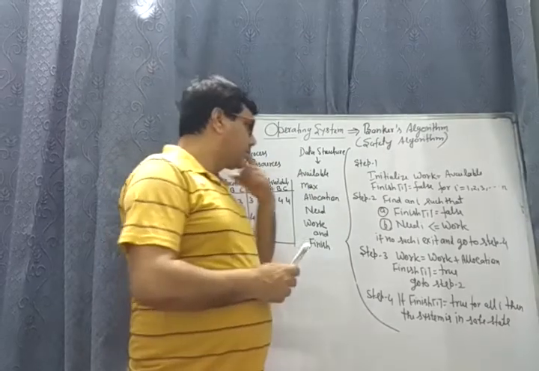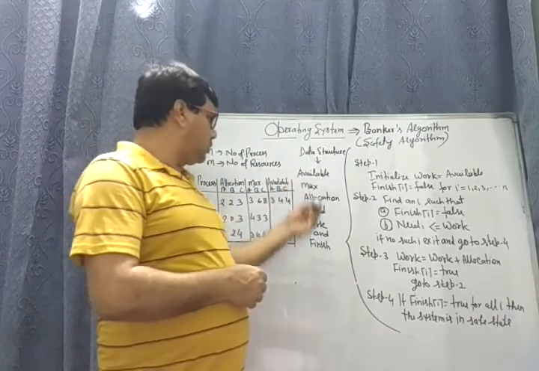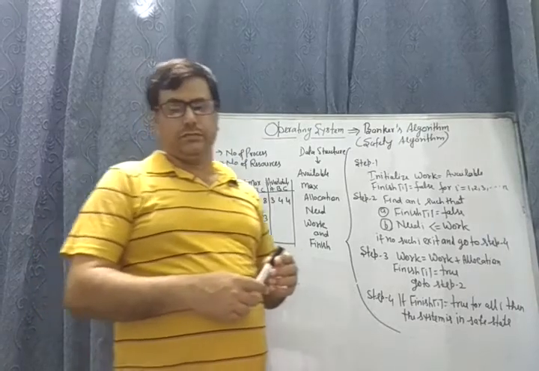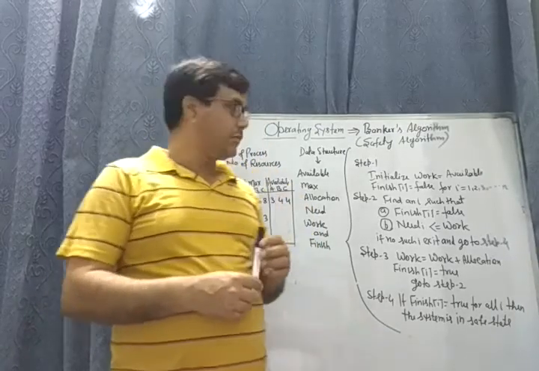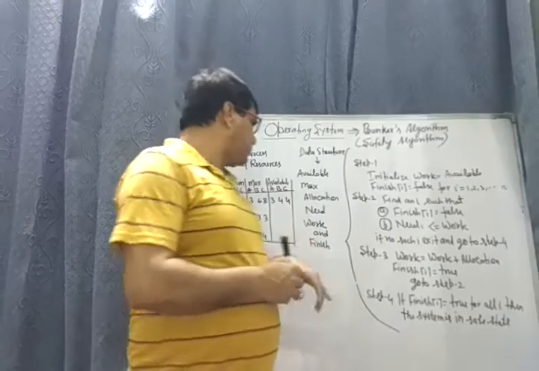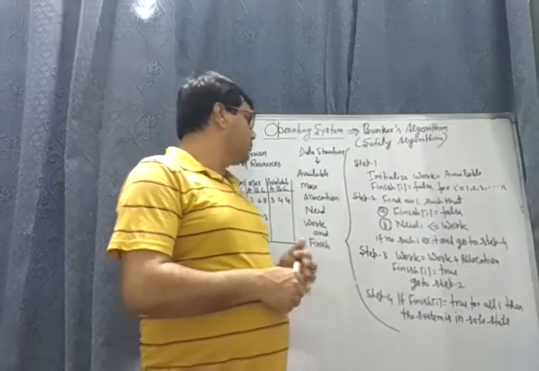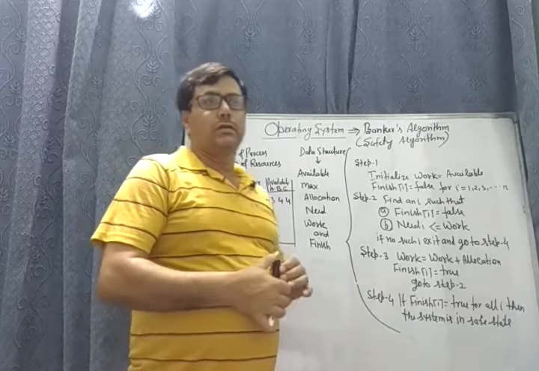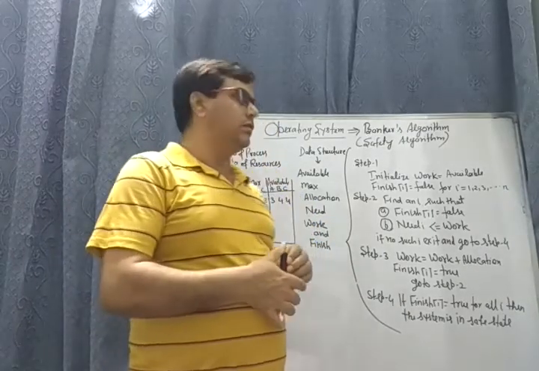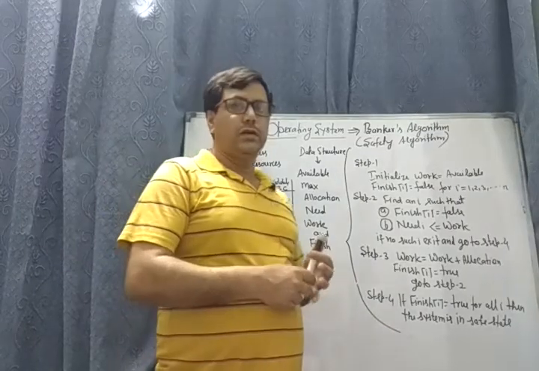Now look here, the data structures used in the safety algorithm. First is Available. This is a single dimension array, or you can say a single dimension vector.